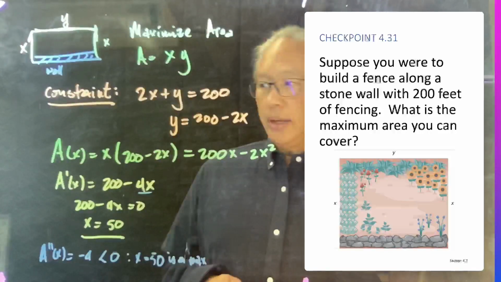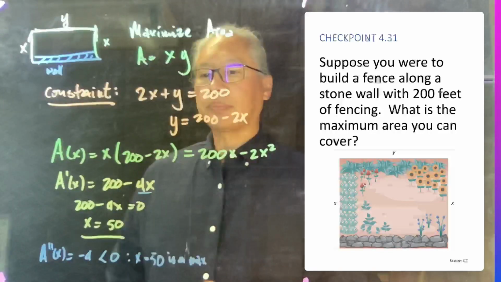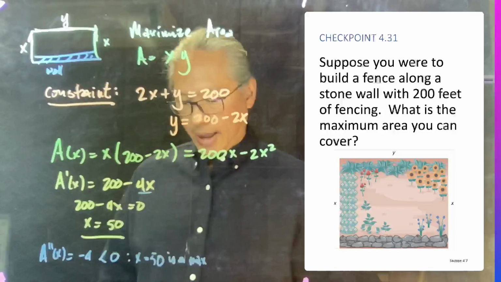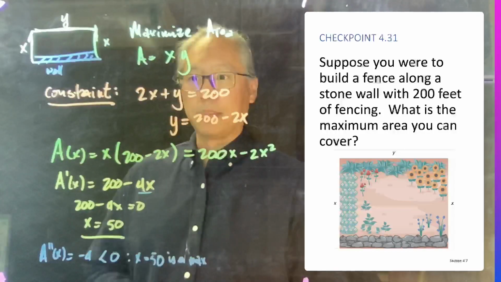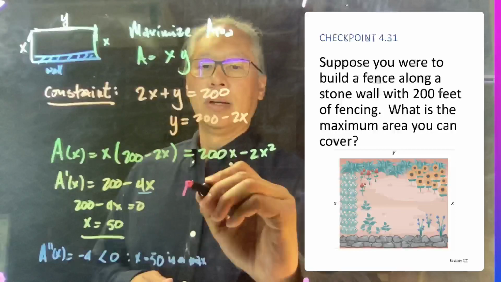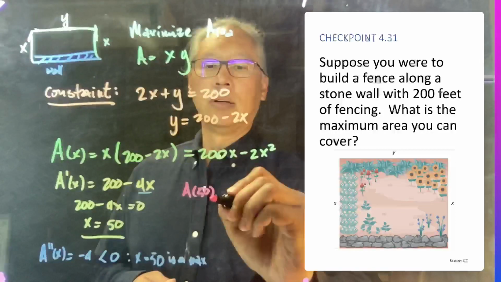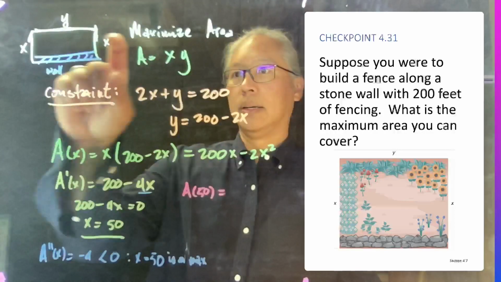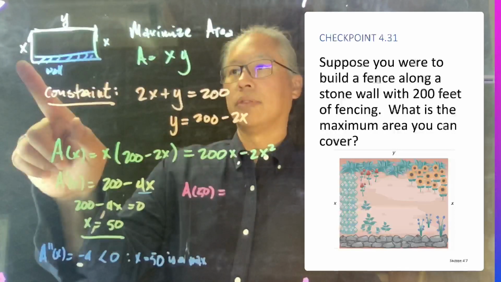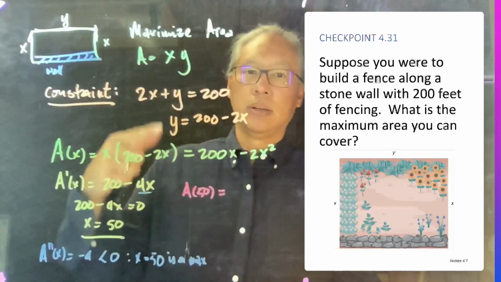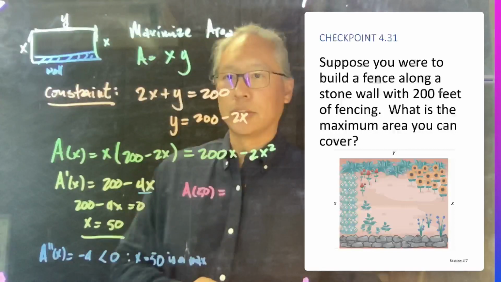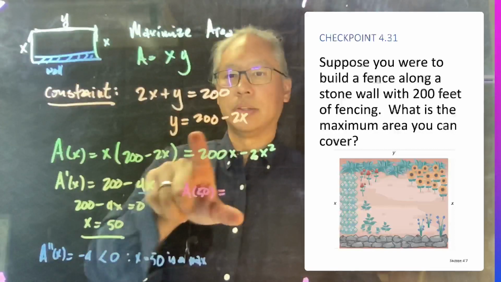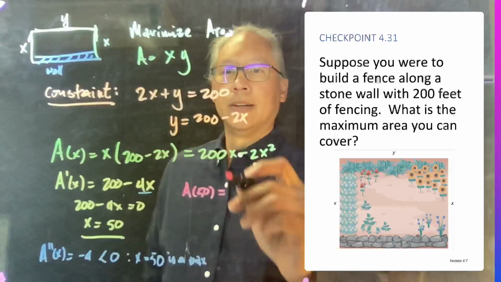So now that we know that it is in fact the maximum, we can plug that in to find the actual area. We just plug it back into the original equation, A of 50. So 50 is the length of this side, and so if this is 50 and this is 50, that's 100. y must be 100 as well, because the fencing is 200, or you can solve for y here.